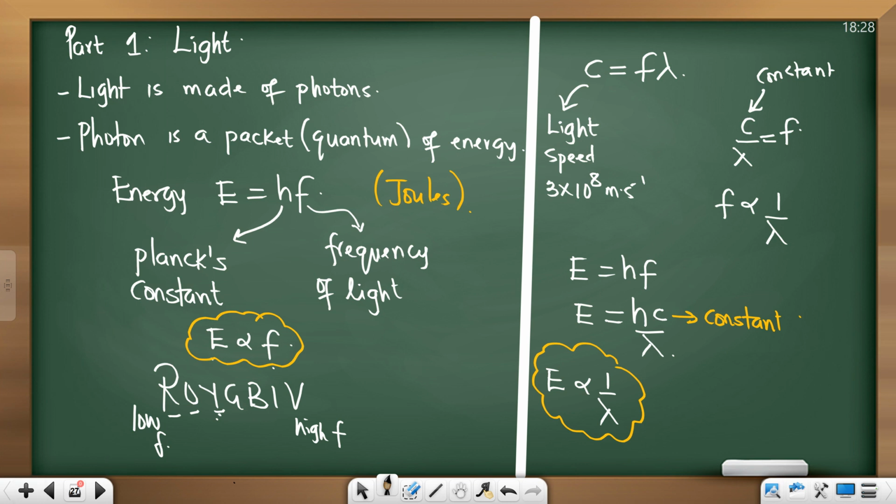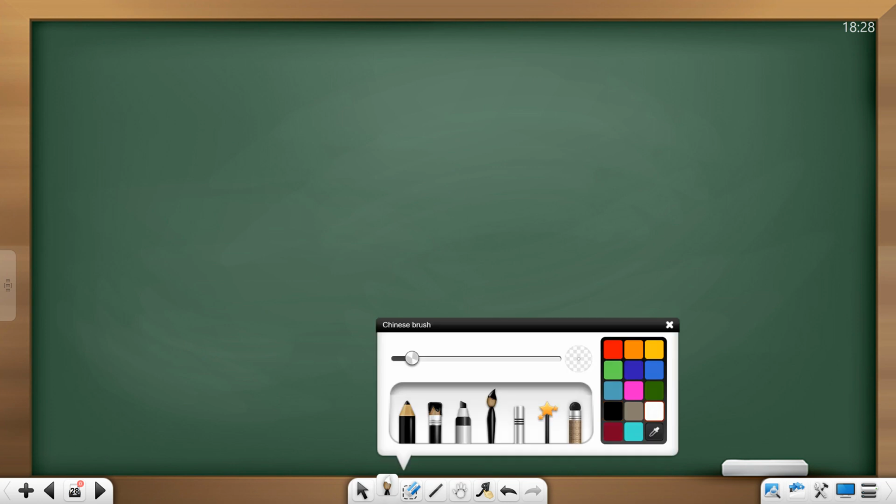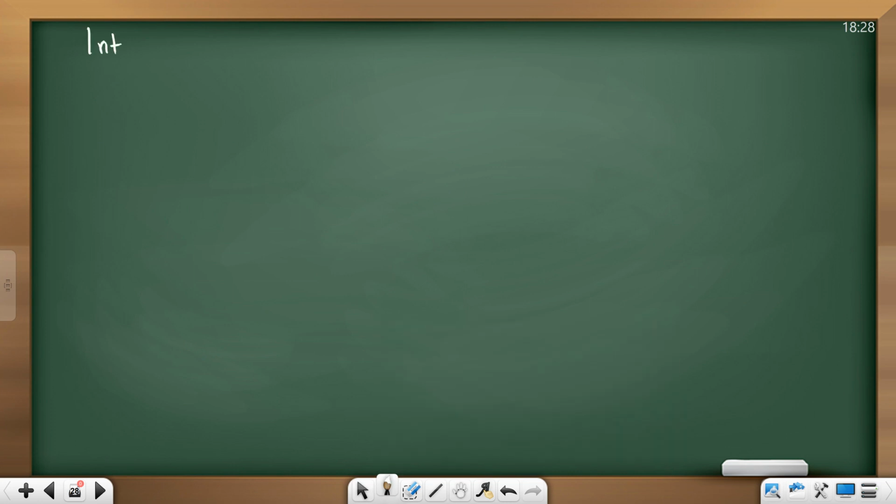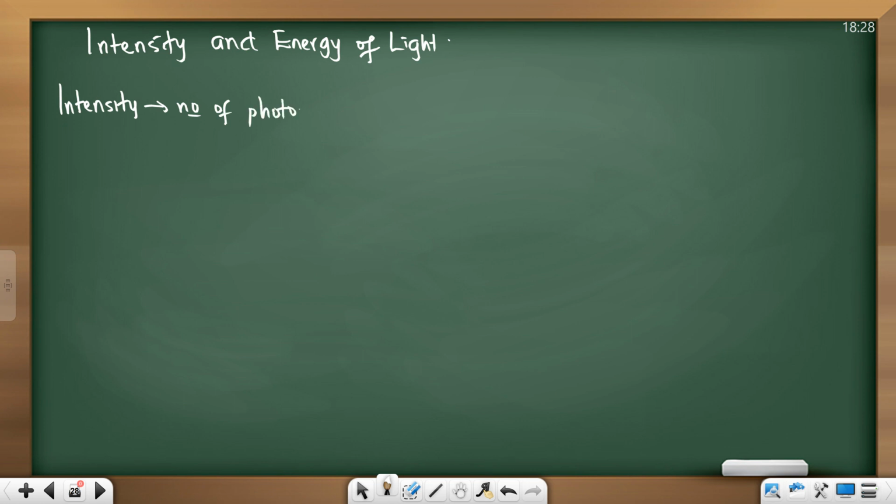So we talk about light and all of those. Let's talk about something here just before. Intensity and energy of light. All right, I'll look at intensity first. Intensity refers to the number of photons.